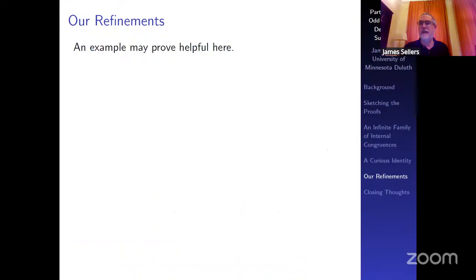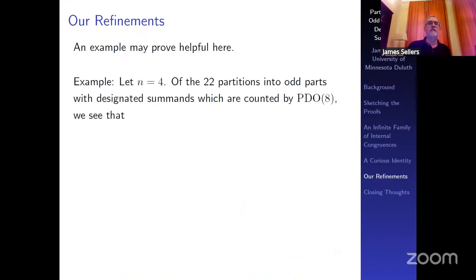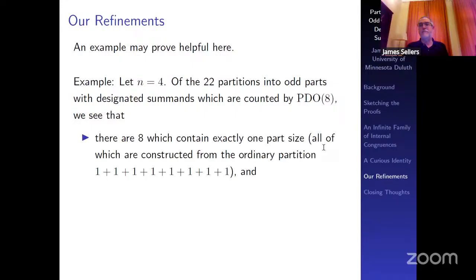Let me give you an example, because I think an example would help here. Let's take n to be 4, so the total weight here is just 4. The weight of 2n then is 8. There are exactly 22 PDO partitions of weight 8. They can be broken into two sets. One of them is a set of 8 that have exactly 1 part size, so k would equal 1 in this case.